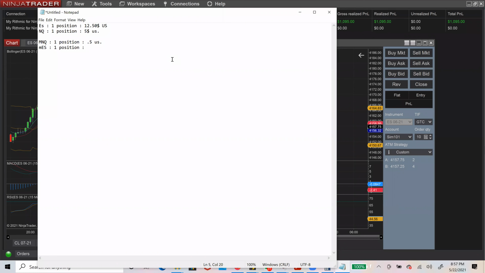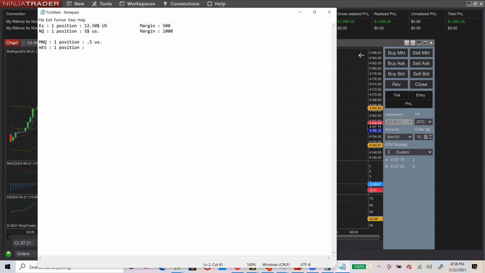So you guys can see my screen, right? I'm just showing you. Every time you take one position on the ES, it is going to cost you $12.50 USD. Margin requirement for the US: this is ES, it's 500 USD margin required.